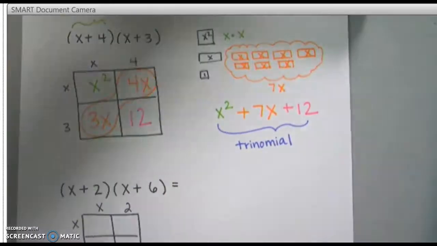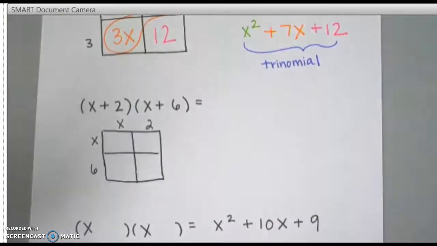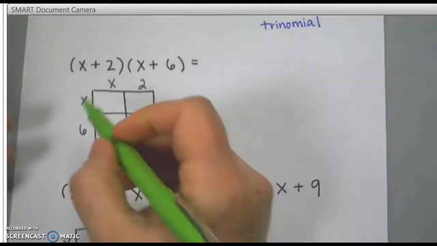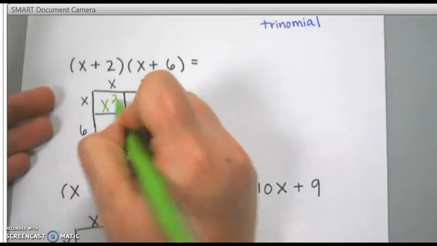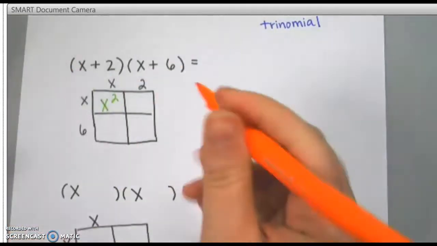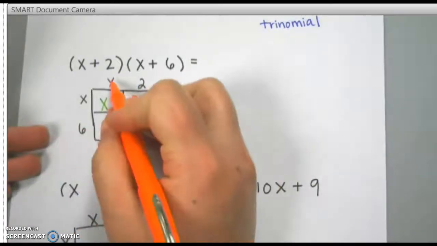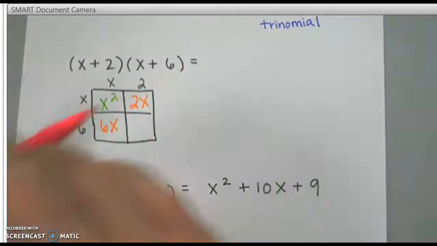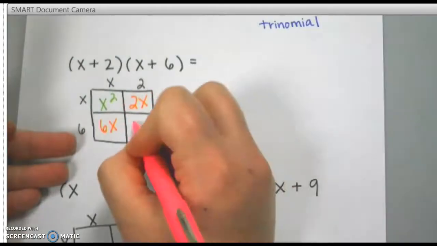All right, so let's try another one. x plus 2 times x plus 6. x times x is x squared. 2 times x means 2 x's. 6 times x means 6 x's. And this just happens to work out to be the same number. 6 times 2 is 12.